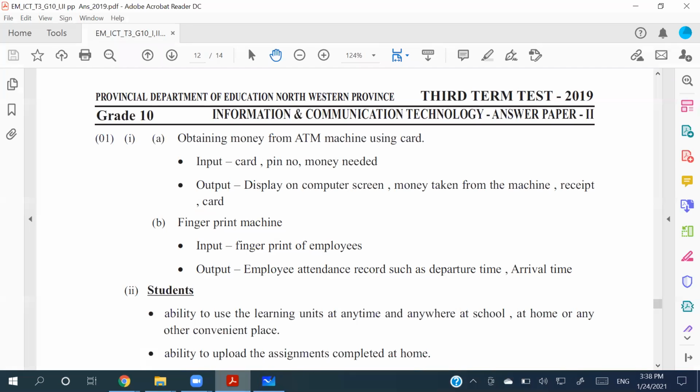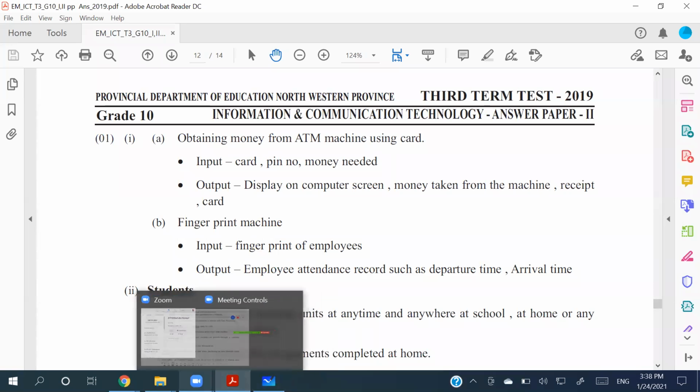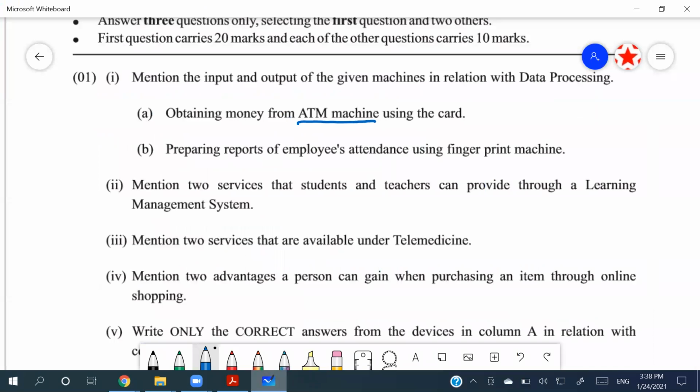Let's go by the marking scheme. It is obtaining money from an ATM machine using a card. Inputs can be taken as the ATM card, PIN number, or the required money amount. In the question, they are asking to mention the input and output, so only one input and one output can get the marks.